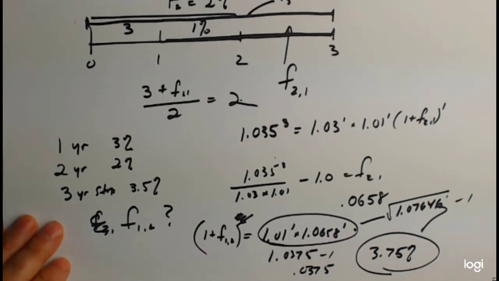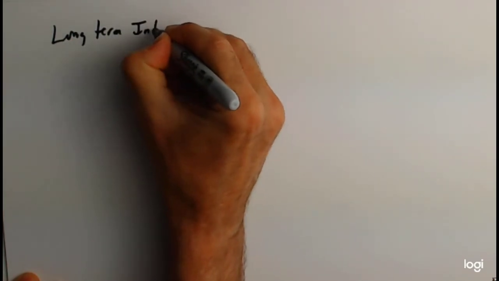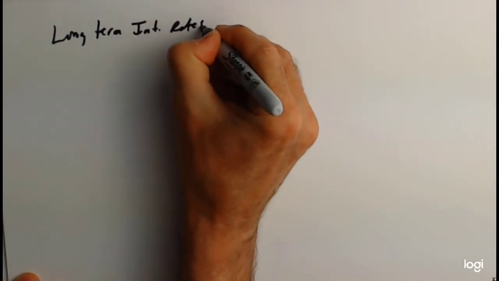So now, with this information in mind, let's look at how long-term interest rates are composed. It turns out that long-term interest rates are an average, a geometric average, or even, like I've been showing you, an arithmetic average of a spot rate for the first year, and then an average of all of those expected future spot rates, which we call forward rates.